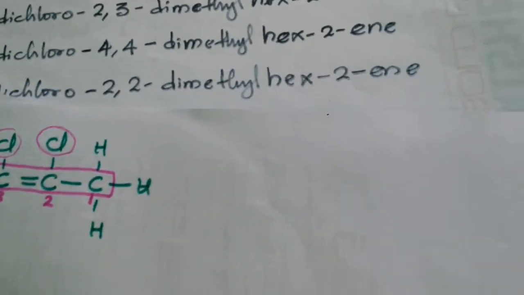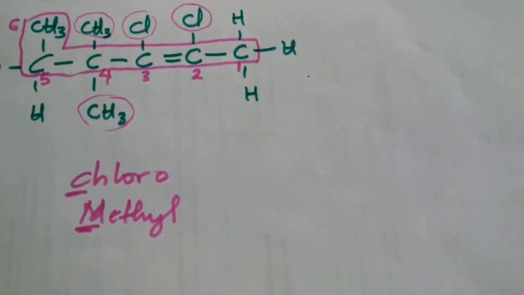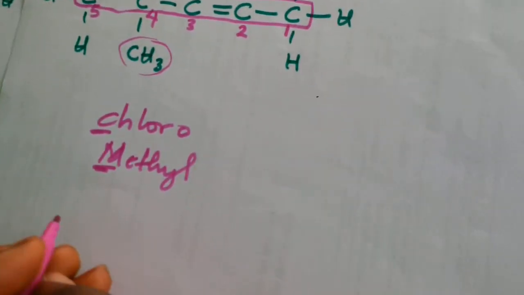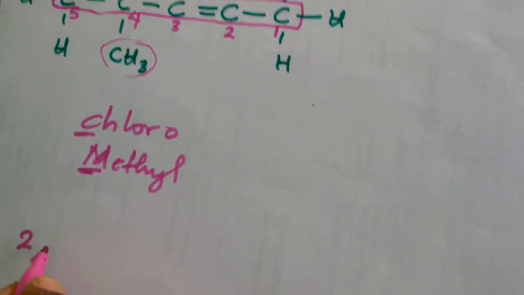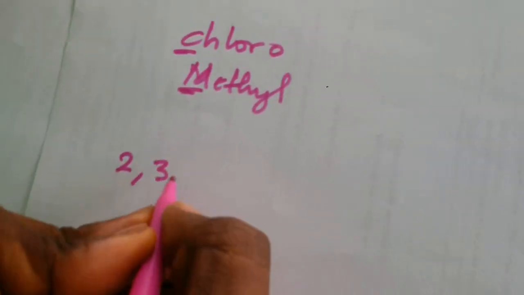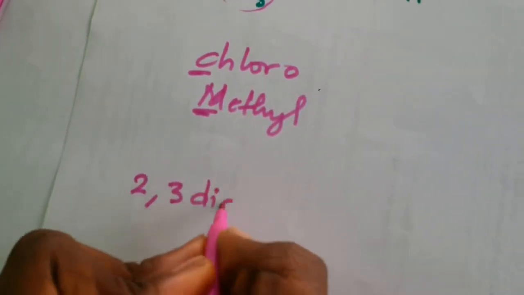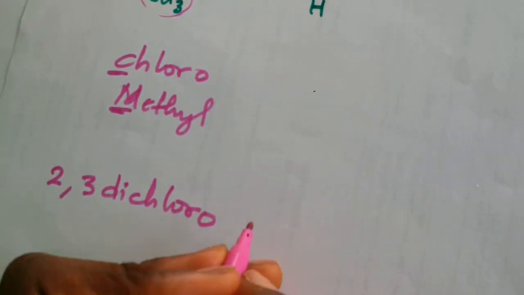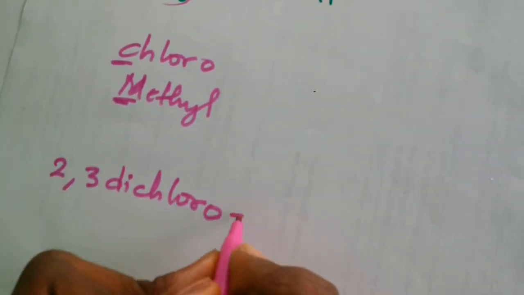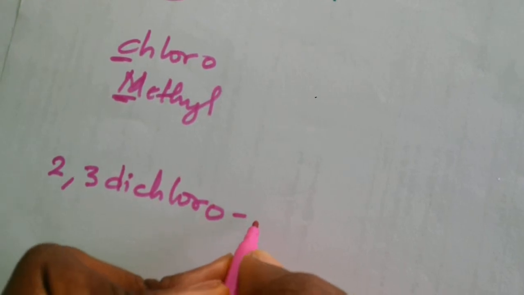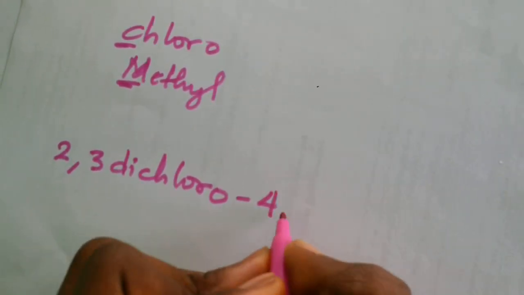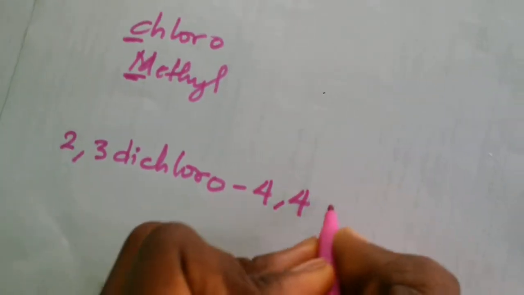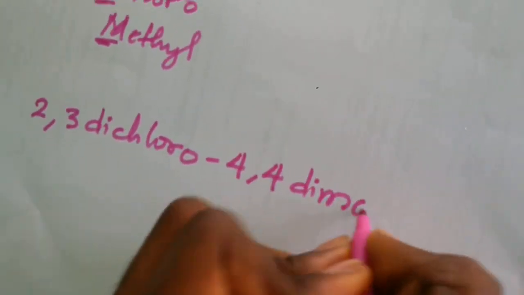So we're going to say 2,3-dichloro-4,4-dimethyl.